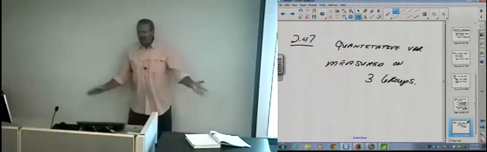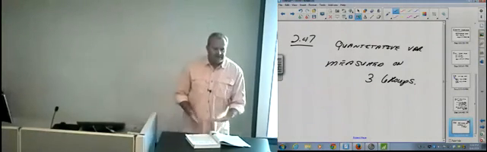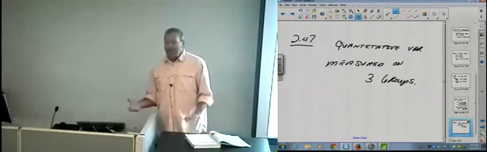Now look, I just took all the stuff out of the problem. I'm just telling you, what I'm looking at is this idea of the tip percent, that's a quantitative variable. How many groups do I have it measured on? I got it measured on 3 groups, right? The good weather group, the bad weather group, and the no weather group.